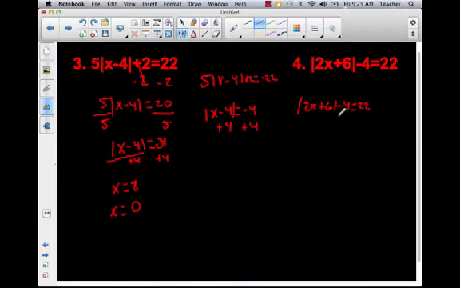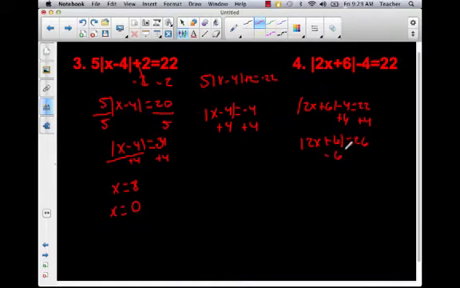Okay, so we'll solve it like we normally do. So remember, we want to get the absolute value by itself first. So we'll add 4, 26. So 2x plus 6 is equal to 26.